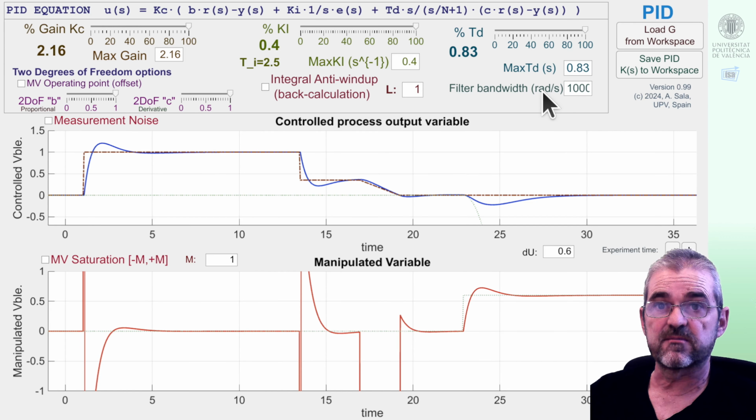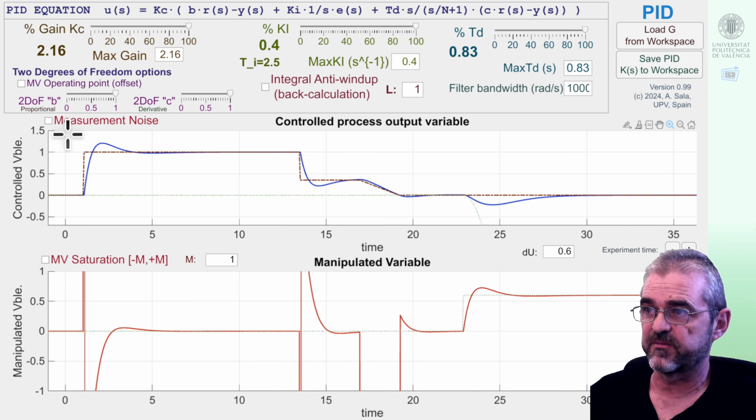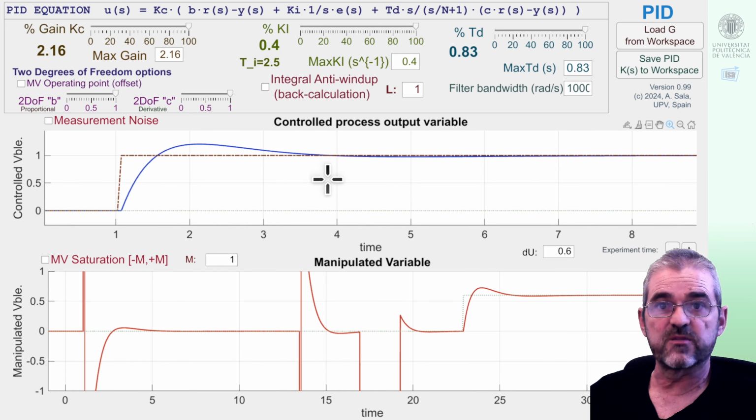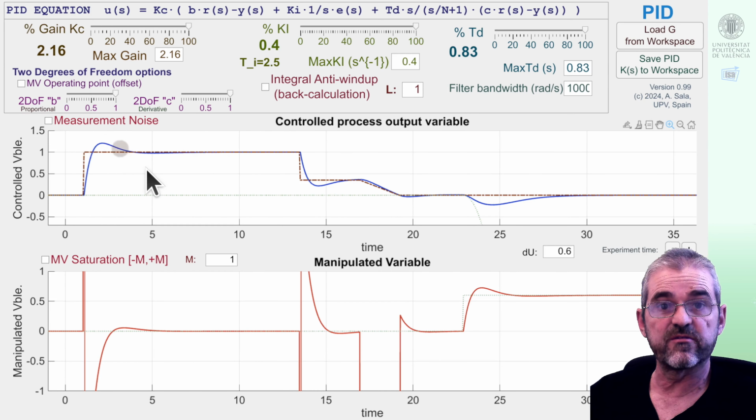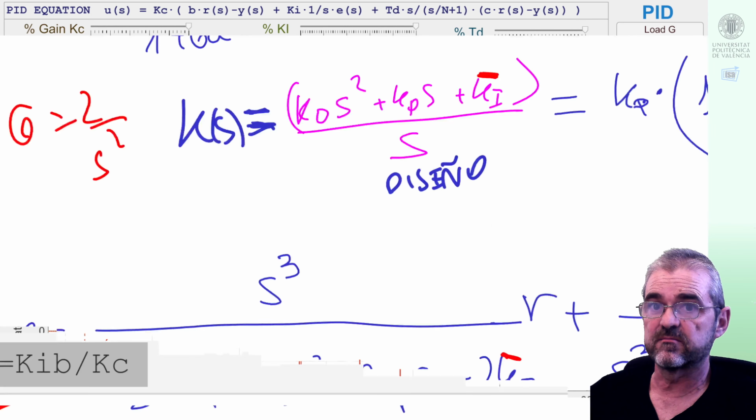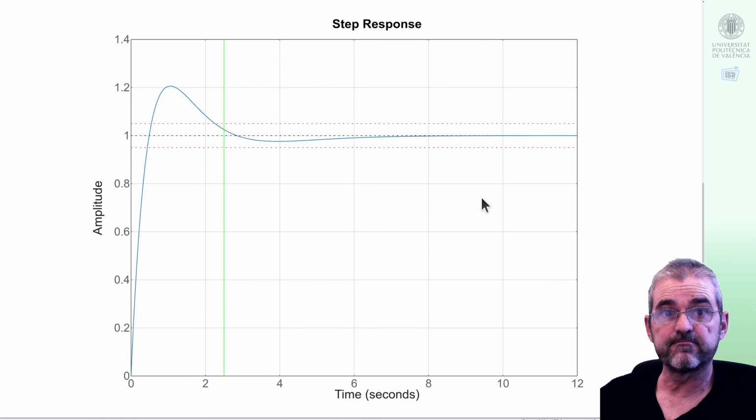So this is, in fact, just a copy of what the step command did output, in the sense that this set point tracking fragment of the response will be just a copy of this with changed graphical scales.